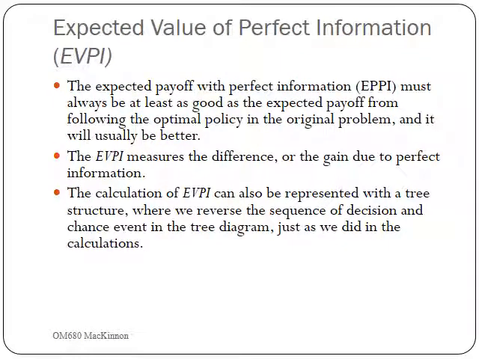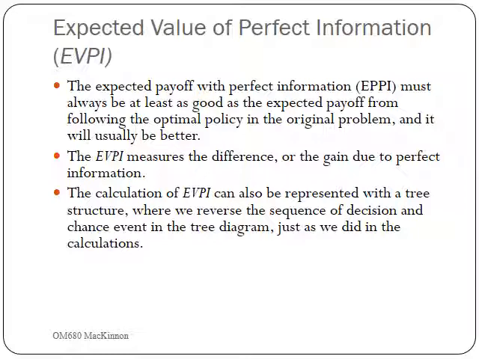Okay, so let's talk about the expected value of perfect information. The $87,000 was what we call the EPPI, the expected payoff with perfect information. It's always going to be at least as good as the expected payoff from following our original process, but it will usually be better.